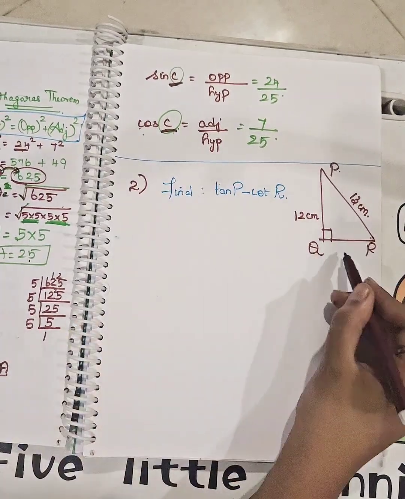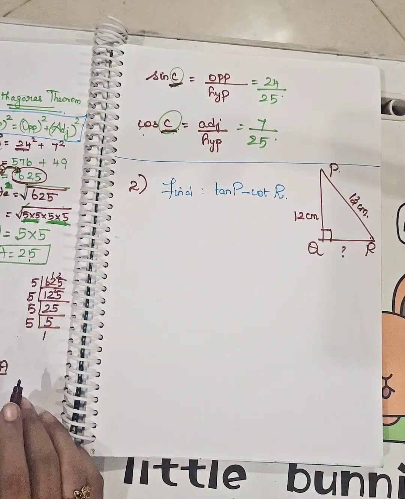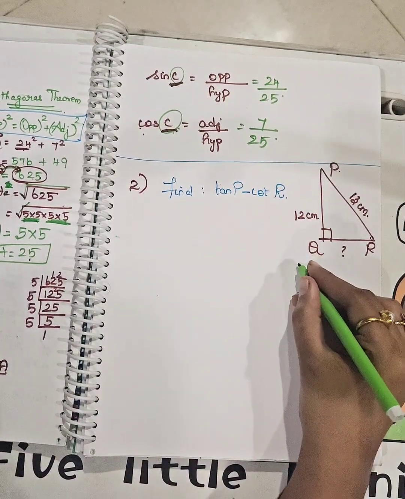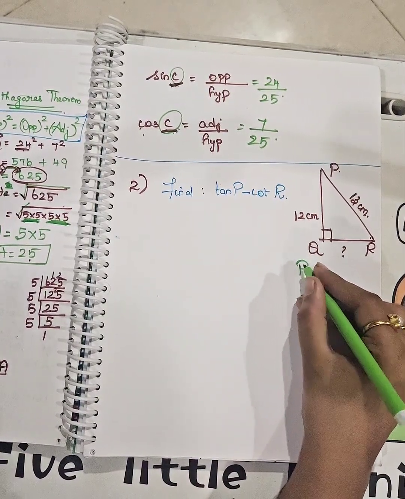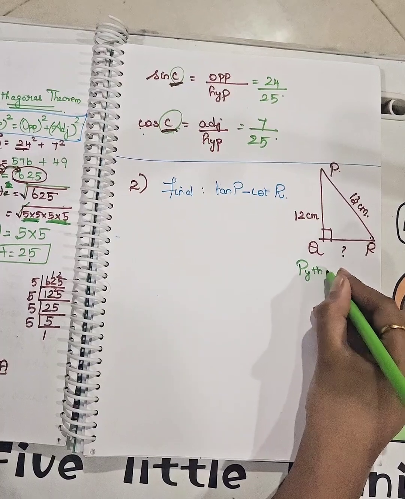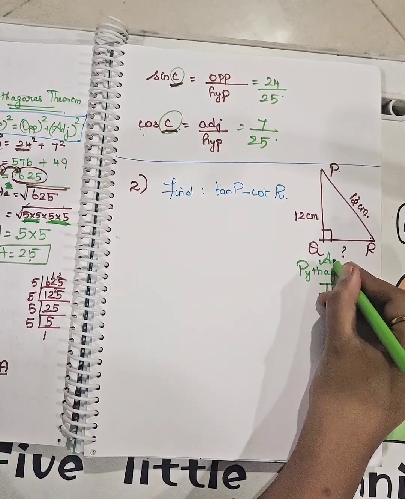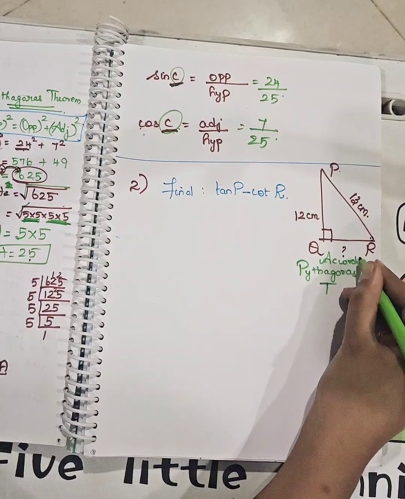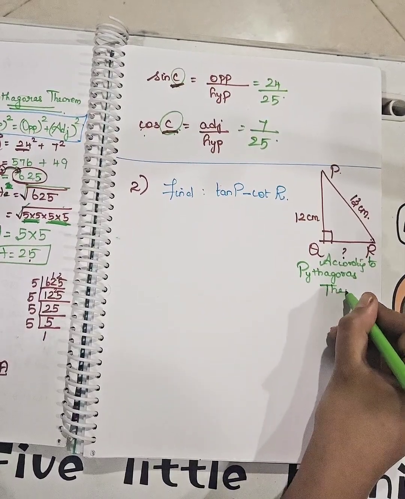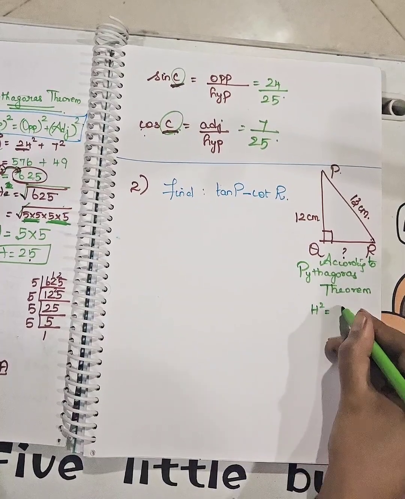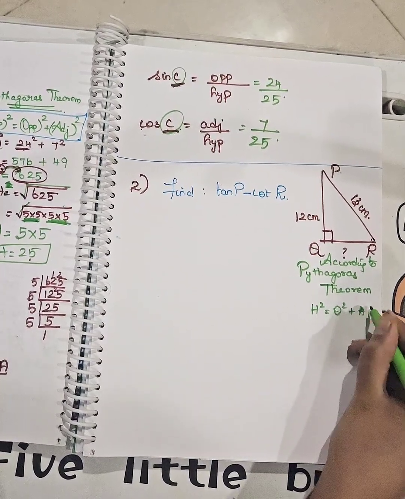According to Pythagoras theorem, we will initiate the solution for this question. According to Pythagoras theorem, you can write: hypotenuse square is equal to opposite square plus adjacent square.